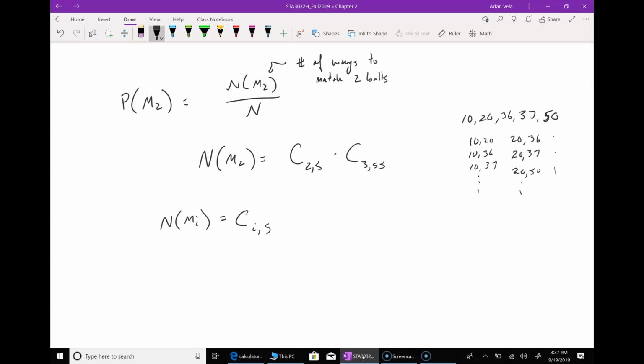So it's going to be I, which is the number of balls we're matching. And then we're going to be drawing 5 minus I balls out of 55. Okay.